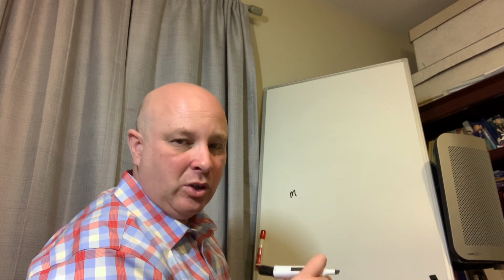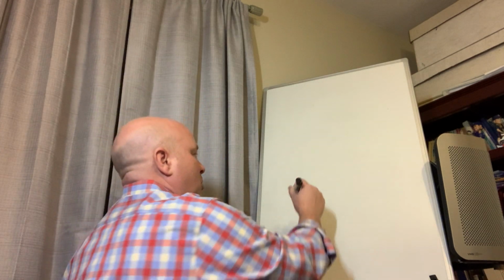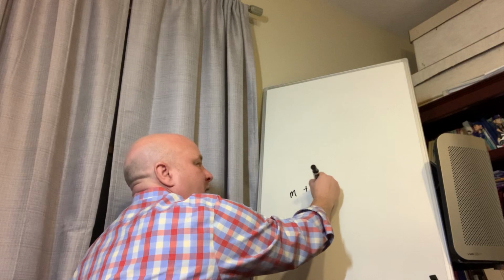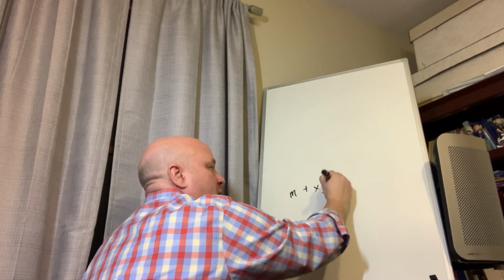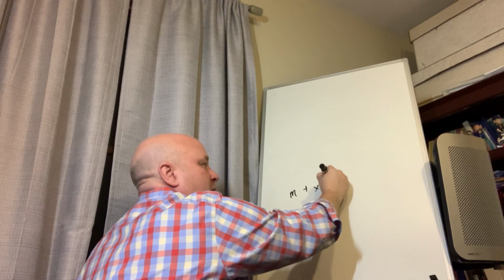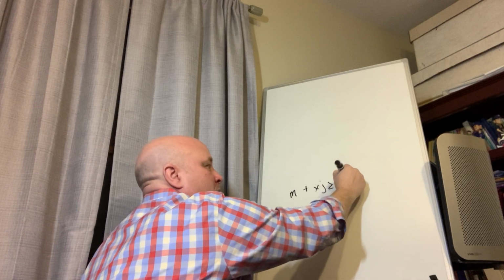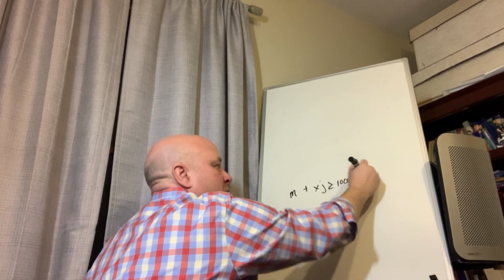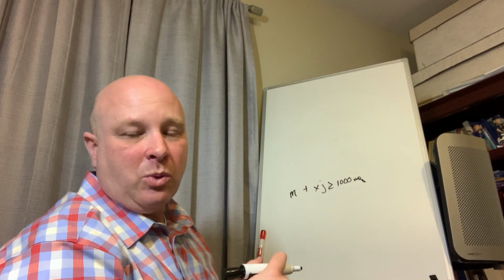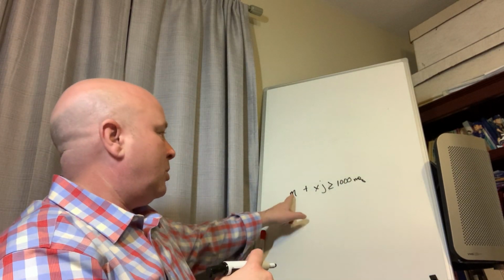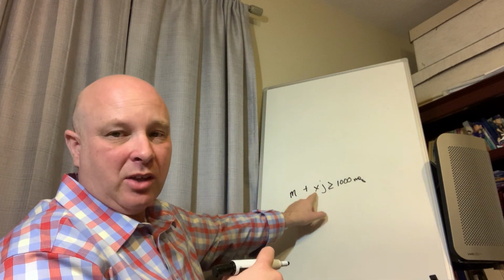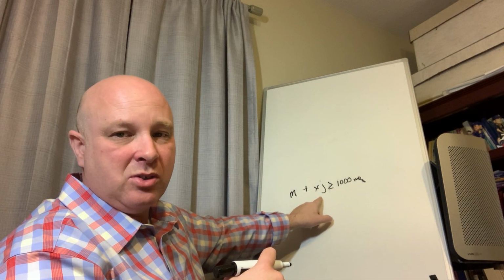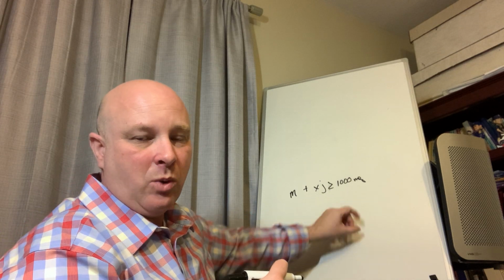We're going to call juice J. So one milk plus X number of J is going to be greater than or equal to 1,000 milligrams. All right. So we're going to set our problem up like this. We're going to say milk plus X times J, some number of juices, is going to be greater than or equal to 1,000.